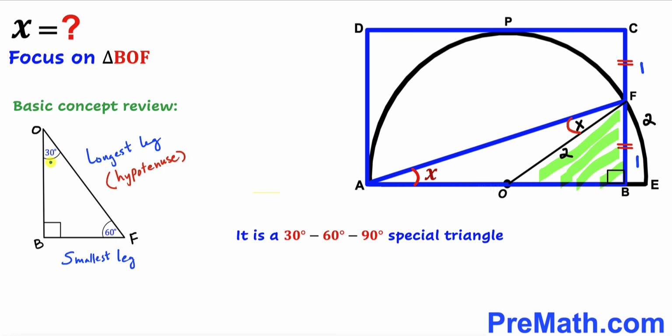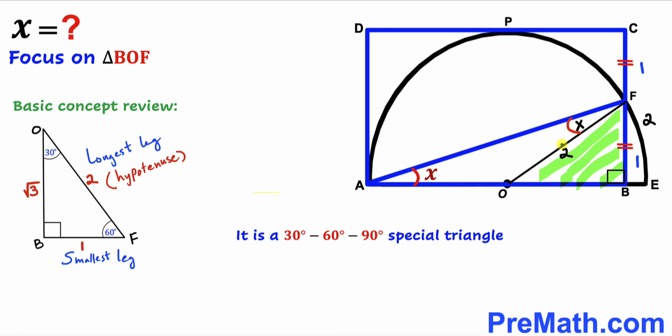So the side opposite the smallest angle is our smallest leg, and the side opposite the largest angle is our longest leg, also called the hypotenuse. In such a special 30, 60, 90 triangle, the longest leg is always twice the smallest leg. In other words, if our smallest leg is 1, then our longest leg has to be 2 units, and our third leg is going to be the square root of 3.